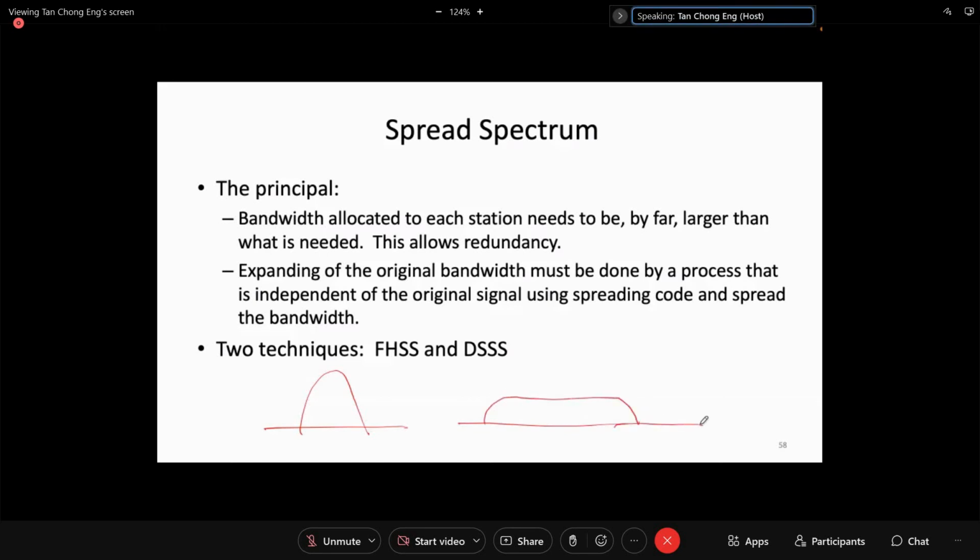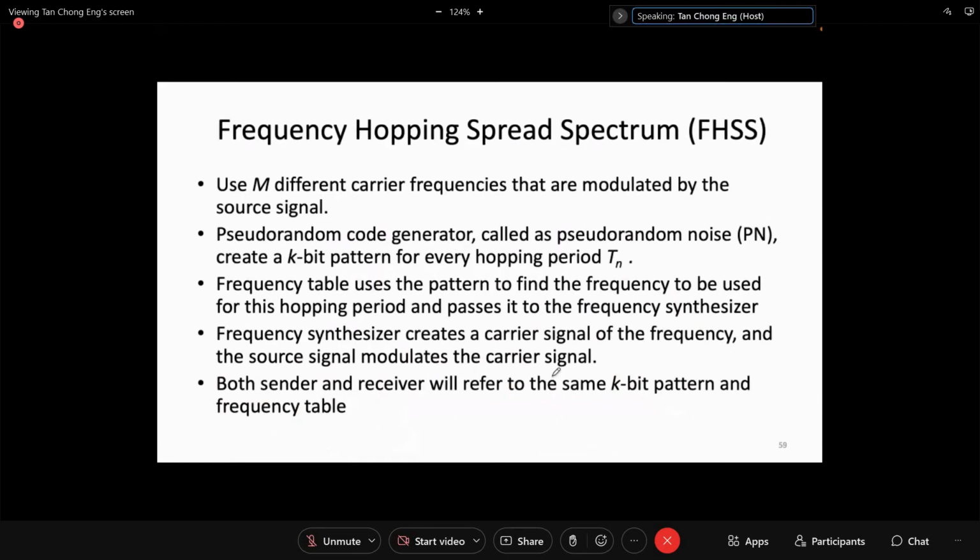So you can see the amplitude of the direct sequence signal will be lower, and of course it will have a larger bandwidth as compared to the original one. Basically, you just press down the signal so it will be flattened. It is going to turn into something like this. So this is the basic concept.